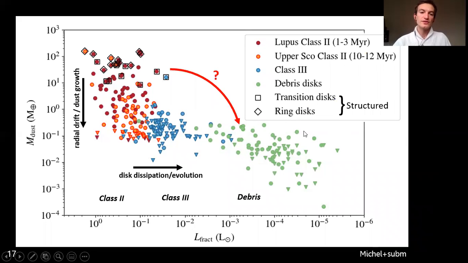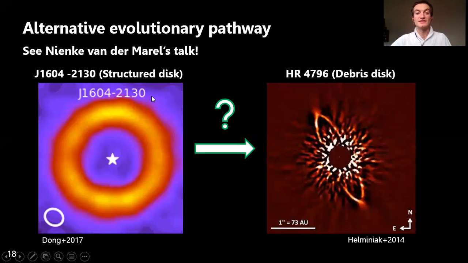However, the other remaining class 2 disks, which are radial drift dominated, cannot form planetesimal belts at large radii because their dust is just drifted inwards. So I'd also recommend going to see Nienke van der Marel's talk, which also looks at this possible evolutionary pathway in connection to exoplanet demographics.